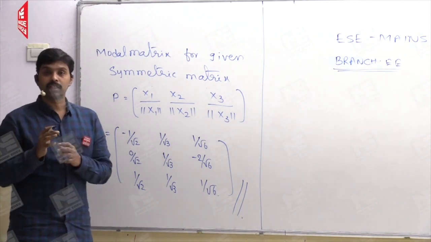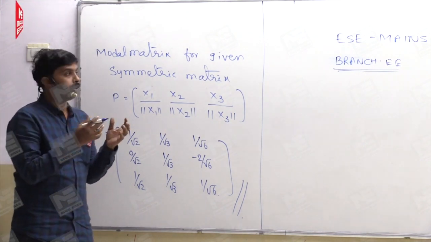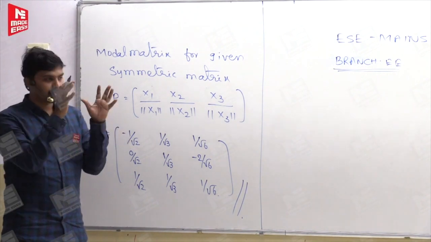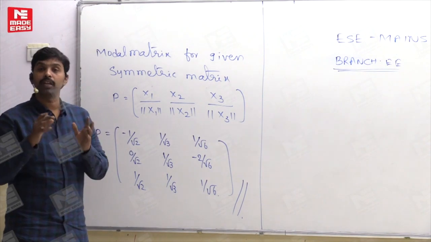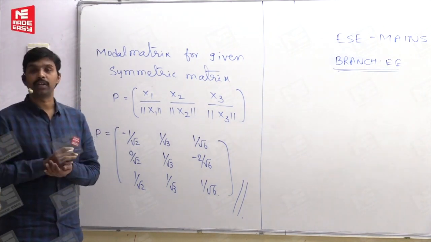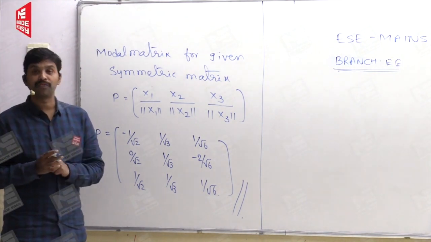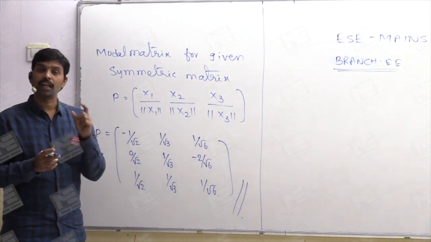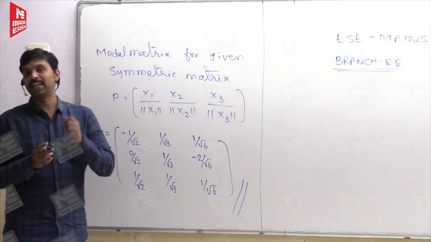If you have the concept, if you look at the introduction part of the diagonalization, there it is a very clear picture of when a matrix can be similar to a diagonal matrix, or when the diagonal matrix is similar to the given matrix. I explained the similarity transformation and similarity matrices, their definition and conditions, the process of diagonalization, and the necessary and sufficient condition for diagonalization also.